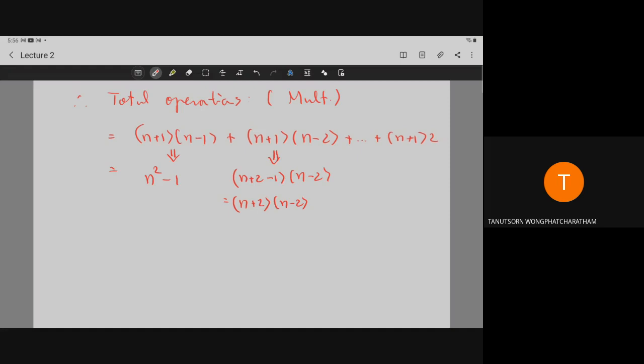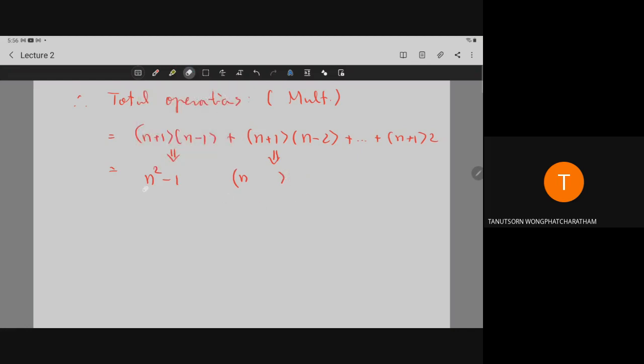I want to reduce it like this, sorry. Let me do it this way.